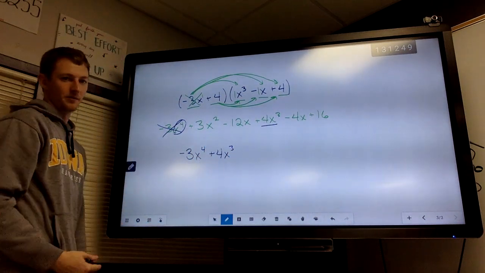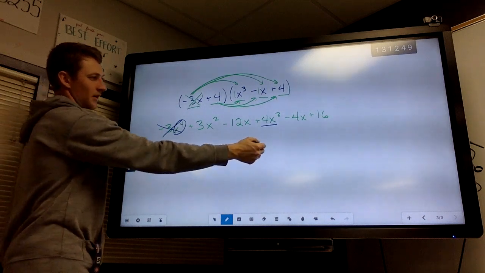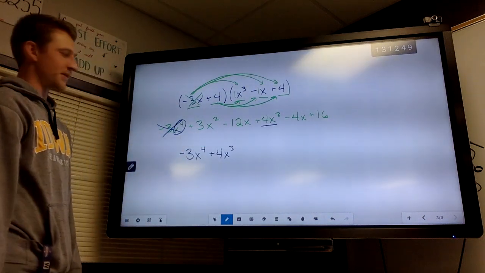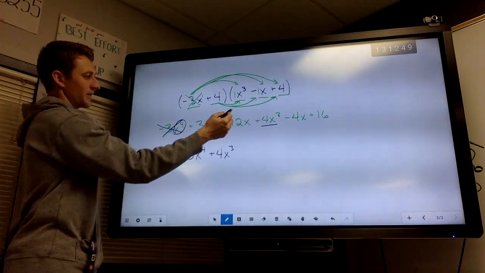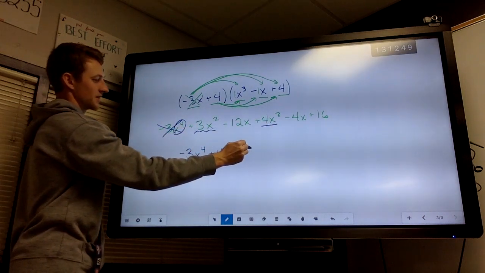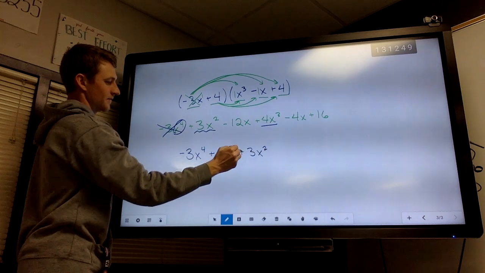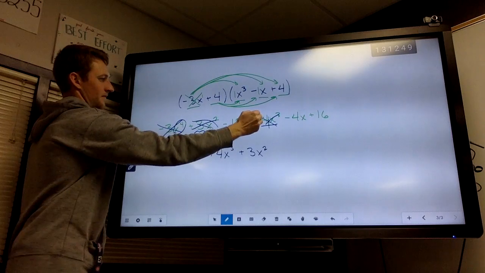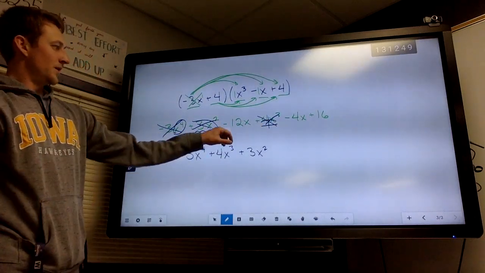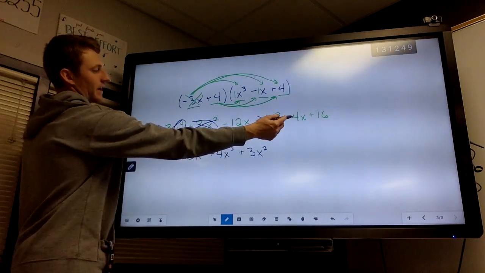And we're going in this order because we want to go from the highest exponent all the way to the lowest exponent. Do we have any other x squareds to combine it with? Nope, so we're just going to write plus 3x squared. Taking care of that. We have negative 12x and negative 4x.